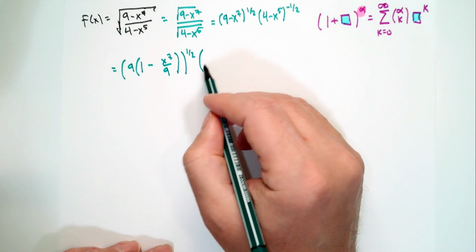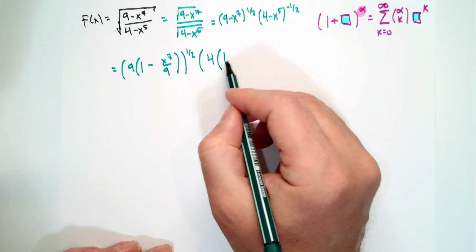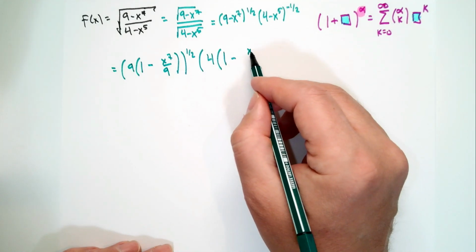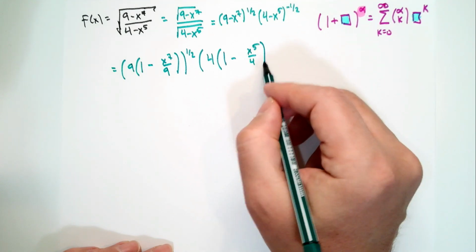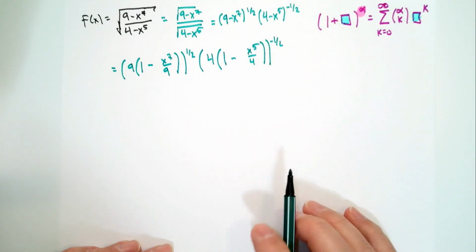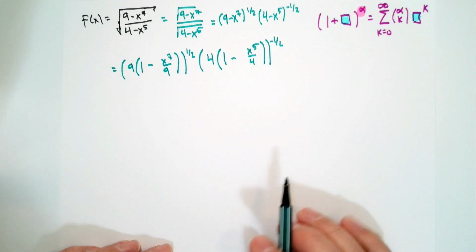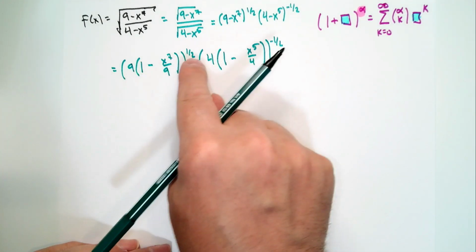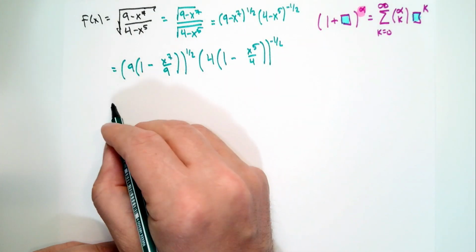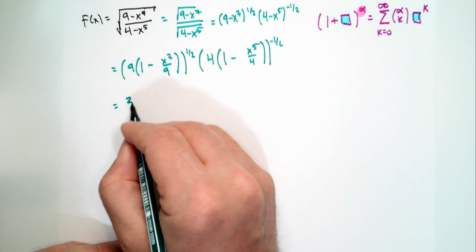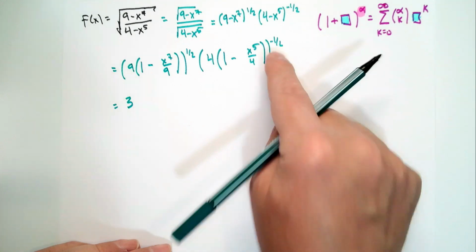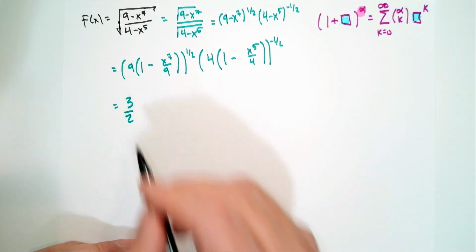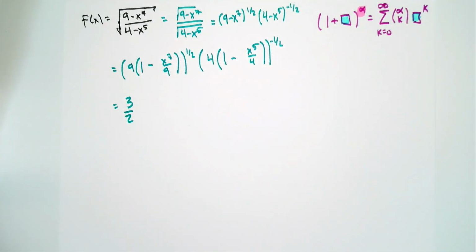And if I pull out a 4, 1 minus x to the 5th over 4, to the minus 1/2. Now, at this stage, 9 to the 1/2 would be 3, and 4 to the minus 1/2 would be over 2. That's a constant. Life is good.